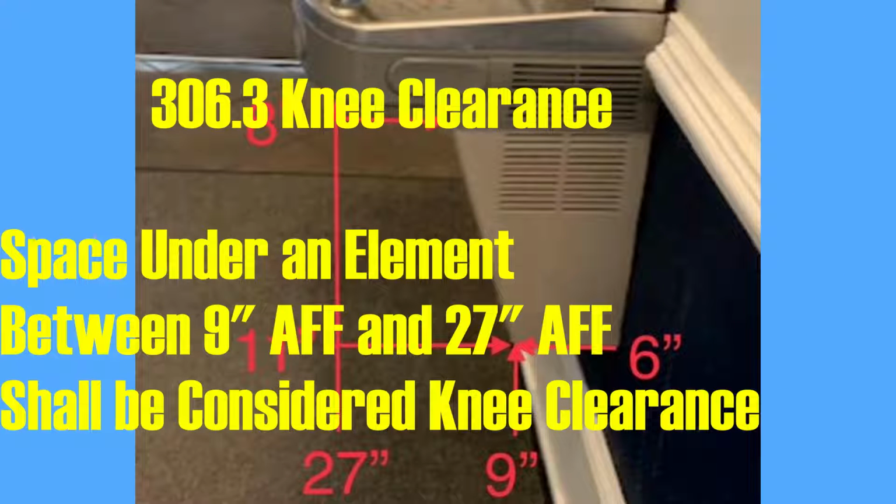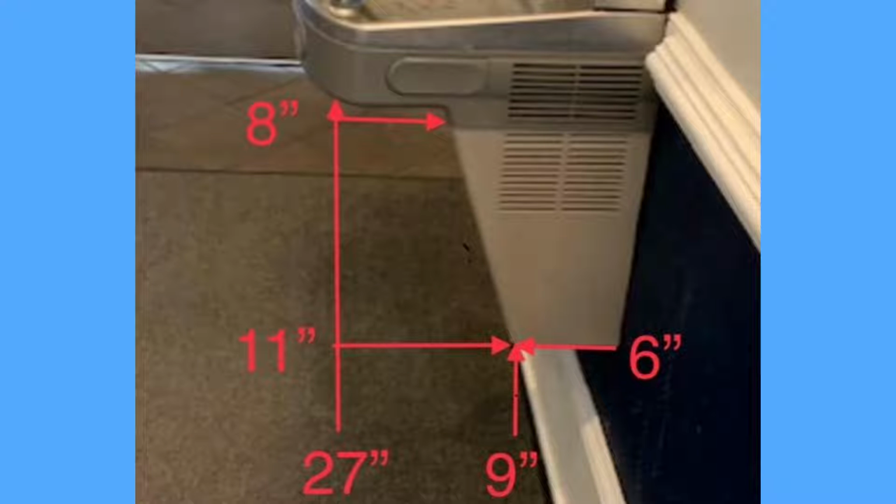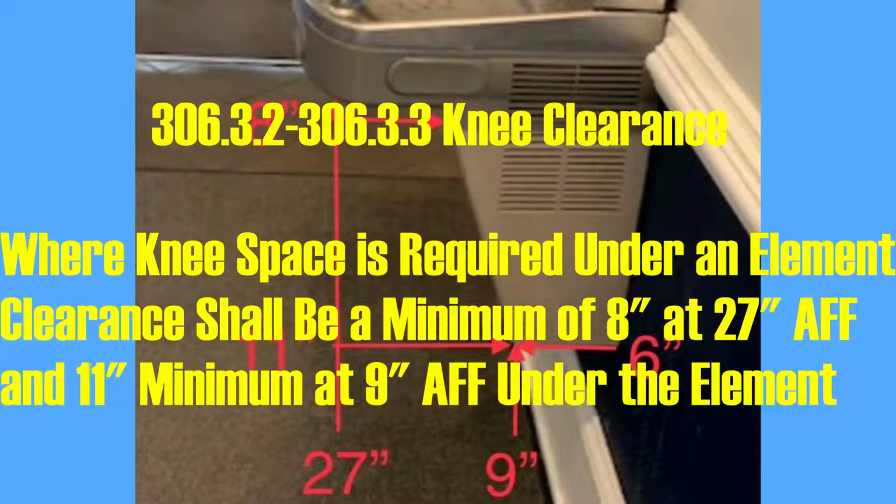The space under an element between 9 inches above finished floor and 27 inches above finished floor shall be considered knee clearance. Where knee clearance is required under an element, that clearance shall extend a minimum of 8 inches under the element at 27 inches above finished floor and 11 inches minimum at 9 inches above finished floor under the element.